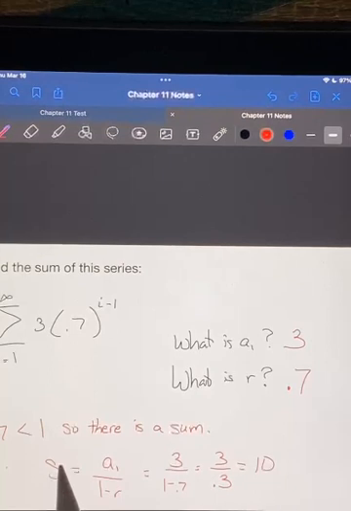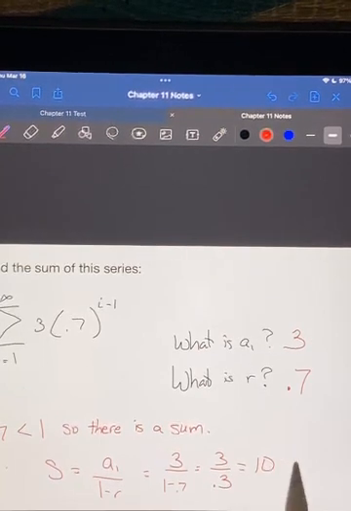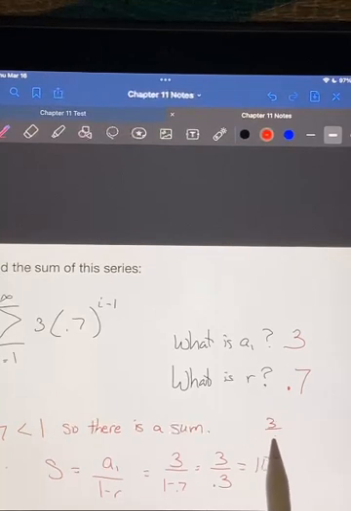The sum of this series is our first term, A sub 1, which is 3, divided by 1 minus 0.7. So that's always going to give us a number less than 1 on the bottom. You should always have a number less than 1 on the bottom. And we could rewrite that as 3 divided by 3/10.